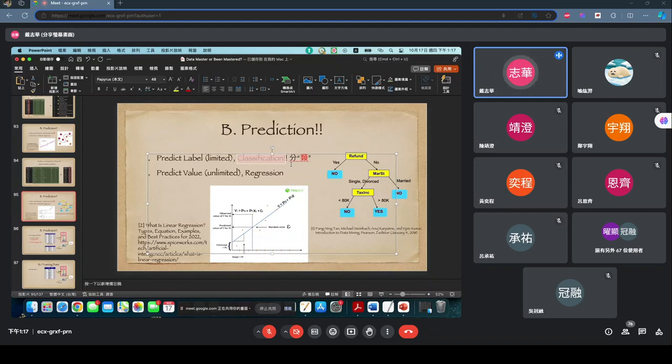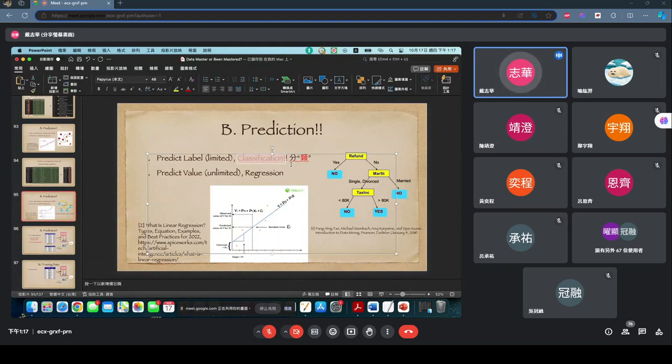Or the class label would not be a label, maybe. It would be a value. We want to predict the value, for example, how much a customer is willing to pay for this kind of product. All those things are also known as prediction tasks.